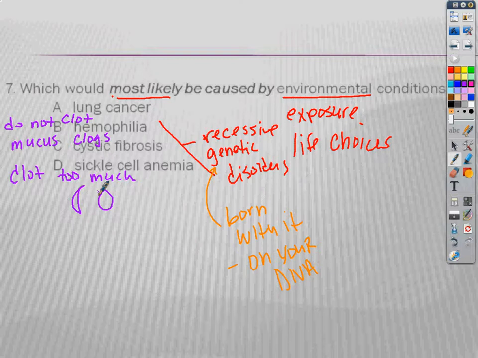That leaves us with the easy answer of lung cancer being the correct term because you're exposing yourself to a carcinogen. So that is definitely an environmental factor.